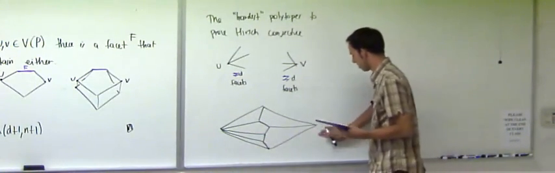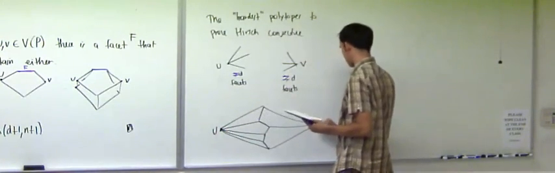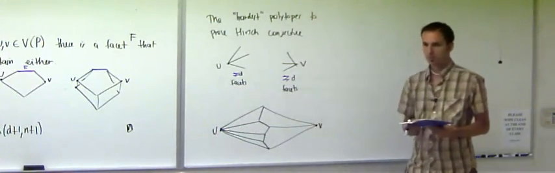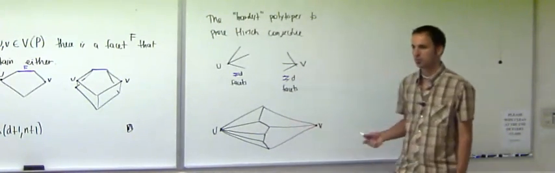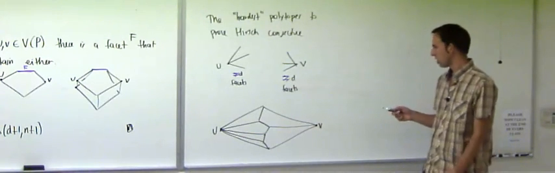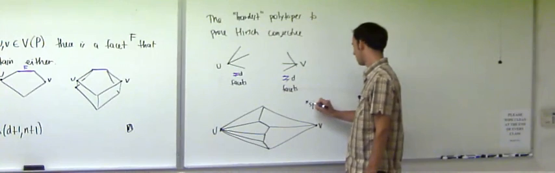Something like this. These are the hardest polytopes for the d-step conjecture. And Santos calls these spindles.